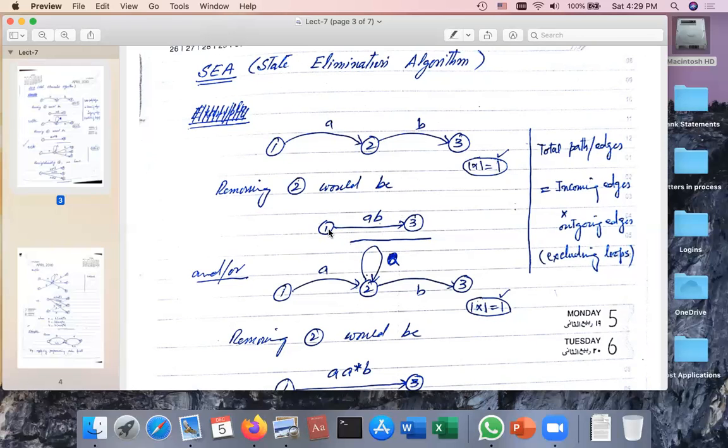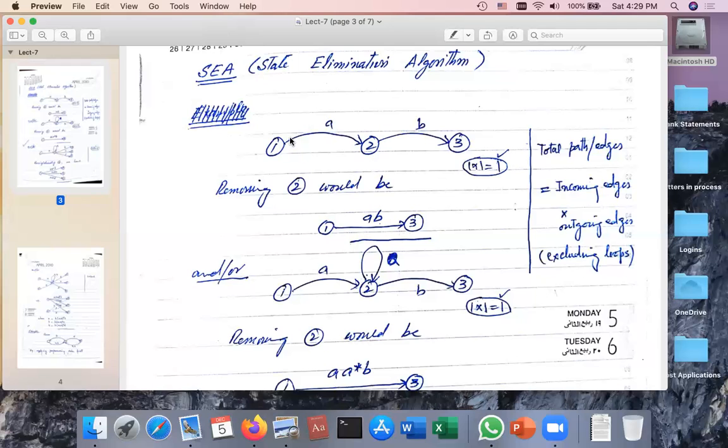For example, this is the state 1, this is the 3. Now state 2 is removed, and this is the A, and then after that one I will take the input B. So I have to only represent one edge, which I concluded from this formula, that after removing state 2, what would be the number of edges I have to represent between the remaining states? Only one.